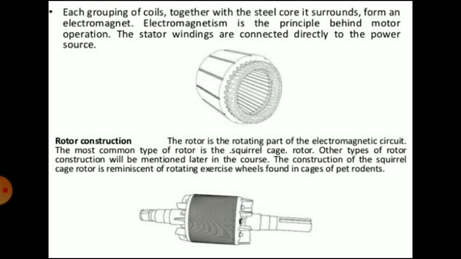The construction of the squirrel cage rotor resembles the rotating exercise wheels found in cages of pet rodents. The rotor construction is of squirrel cage type. In this type, the rotor consists of uninsulated copper or aluminum bars placed in the slots.